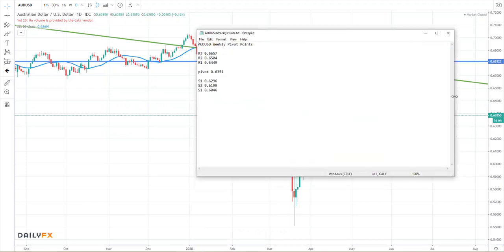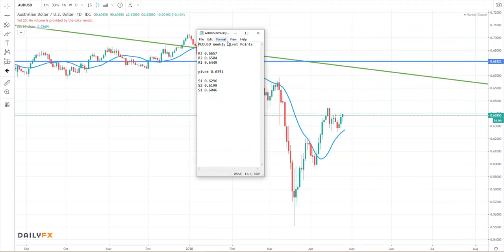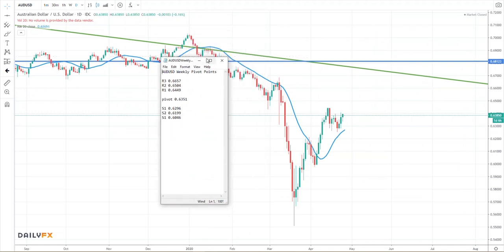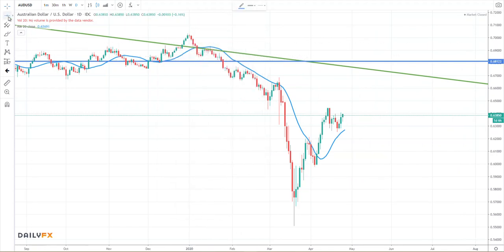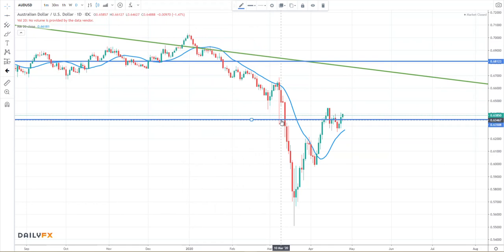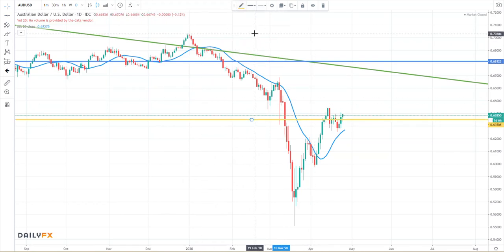So I went ahead and wrote these down to apply. Our weekly pivot is 63.51. So 63.51, right about there. Price is sitting right above the weekly pivot. Pivot is basically where price will at some point probably touch, going one direction or the other.